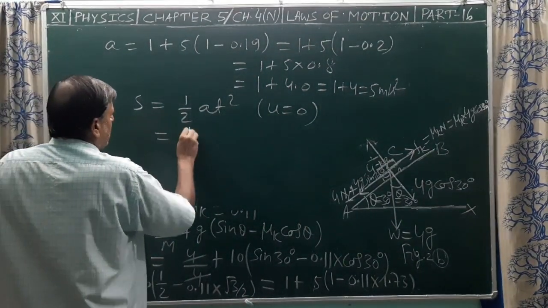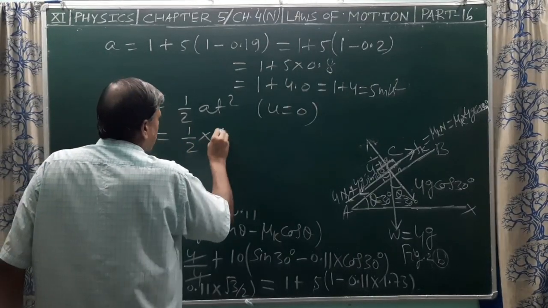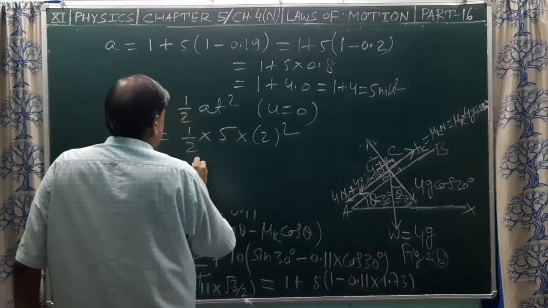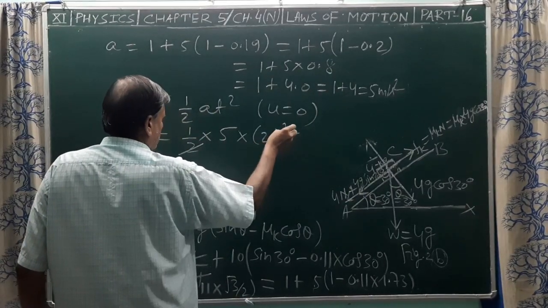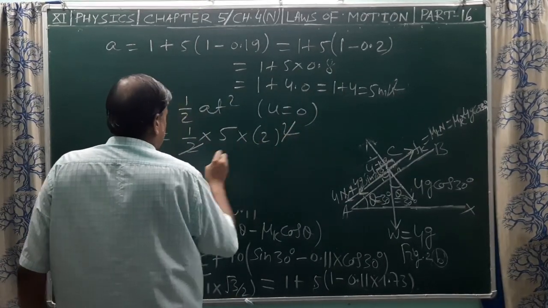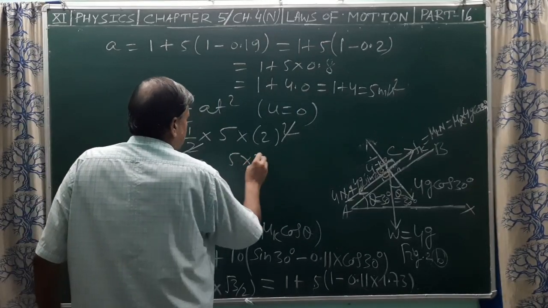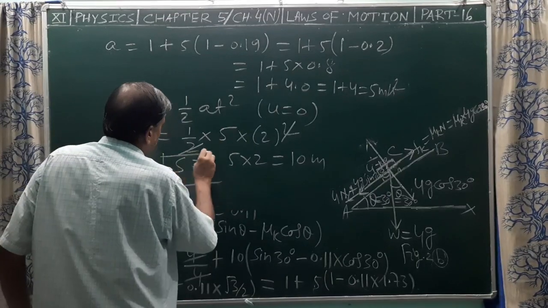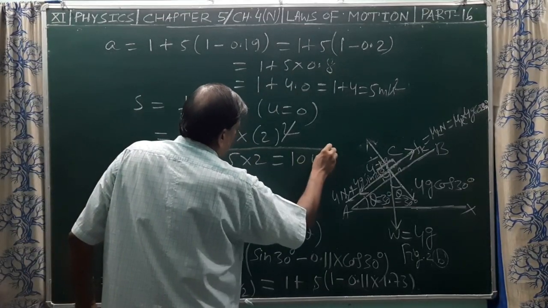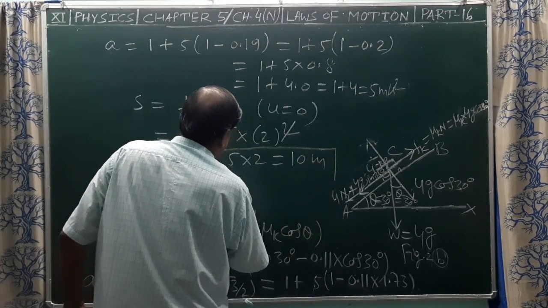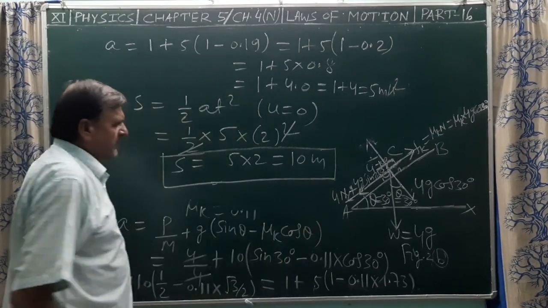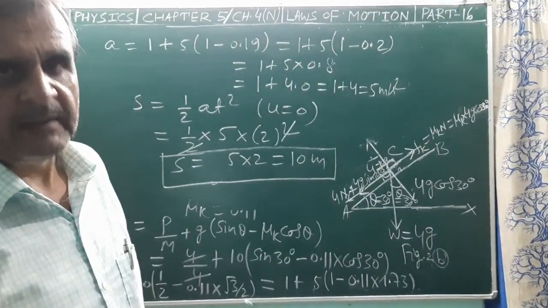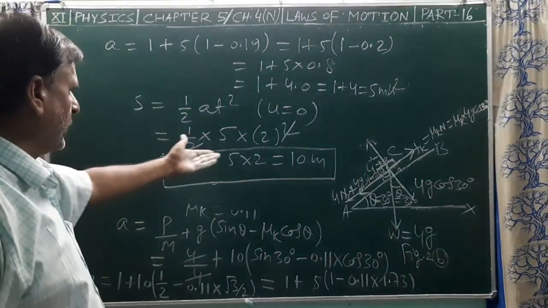And now we have 1 by 2 multiplied by acceleration, downward acceleration we have obtained is 5 and time is 2 seconds, that is 2 square. 2 square से 2 square डिनोमिनेटर में 2 से कैंसिल होकर के 2 बचा, that is 5 into 2, that is 10 meter. So the block will slide downward, covering 10 meter distance in first 2 seconds, starting from rest. So distance covered by the block is 10 meters.